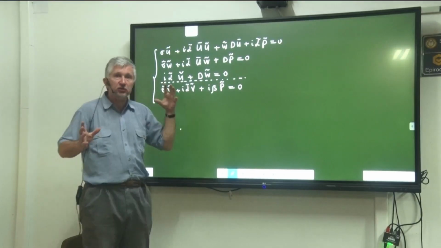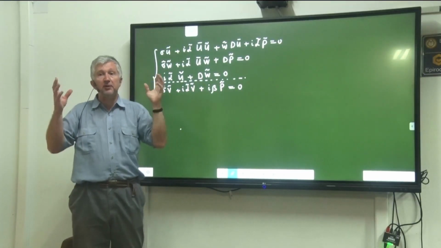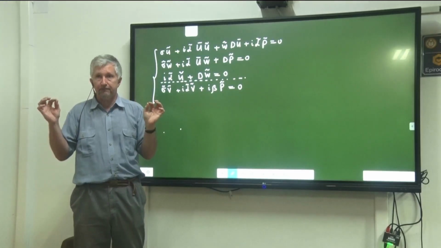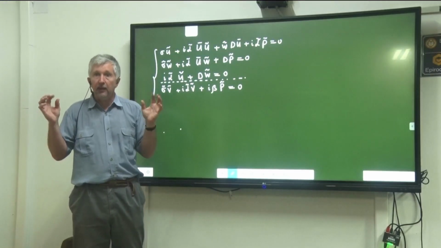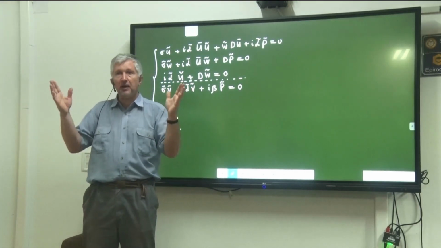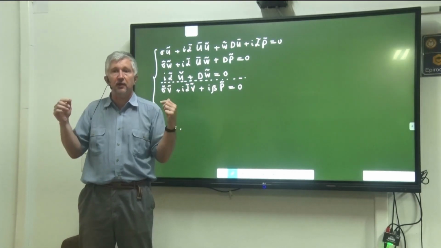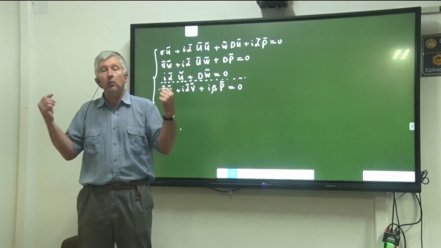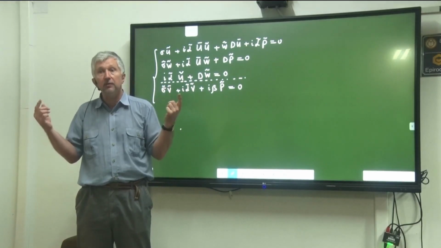So rather than solving a 4 by 4 system, we solve a 3 by 3 system plus one more equation, which is much cheaper. You can see why: a 4 by 4 matrix contains 16 elements, while a 3 by 3 matrix contains 9 elements.